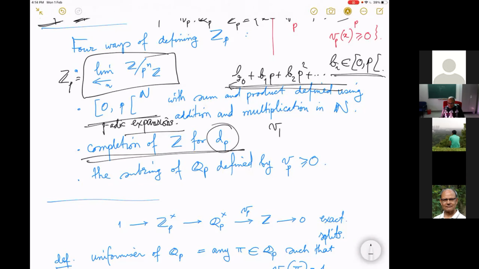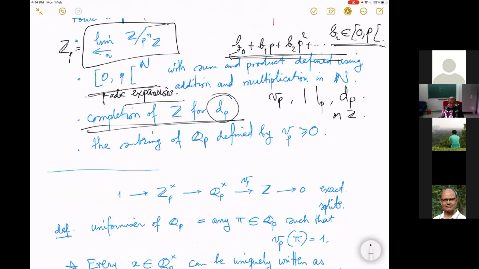Of course, you have this p-adic valuation on Z, you have the absolute value on Z, and therefore you get this p-adic distance on Z. And finally, for today, because there are even other ways of defining Zp, the fourth way of defining Zp is as a subring of Qp consisting of those elements whose p-adic valuation is positive.